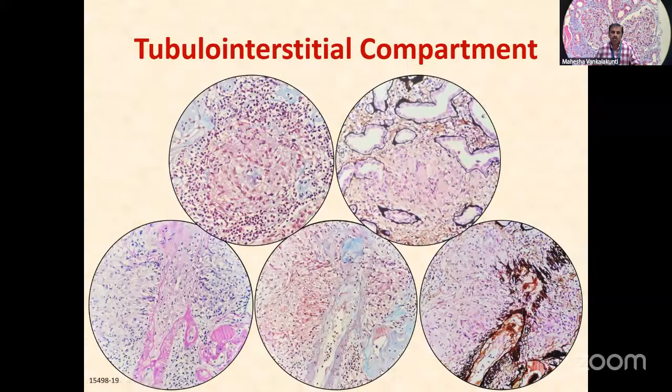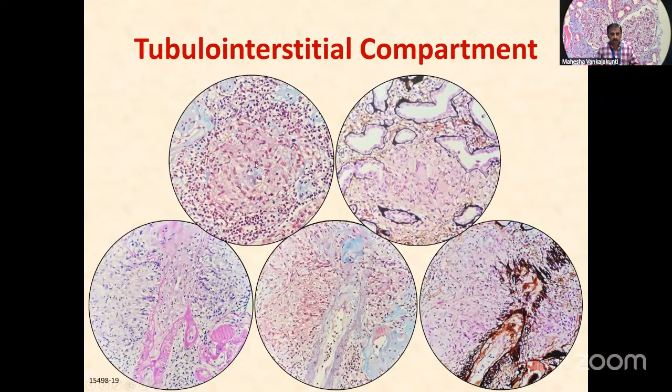The 20% depends on how vigorously the step serial sections are taken. If there are centers where the step serial sections are taken up to the number of 16, then the likelihood of finding a granuloma is lesser. Whereas here we take almost 32 to 40 step serial sections, and in that case the probability of having the granuloma is increased.